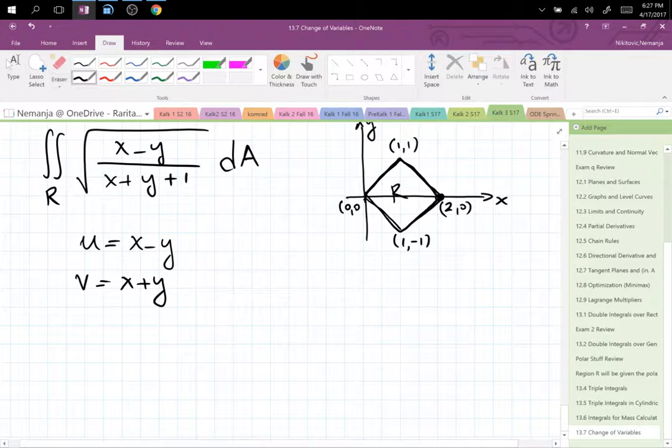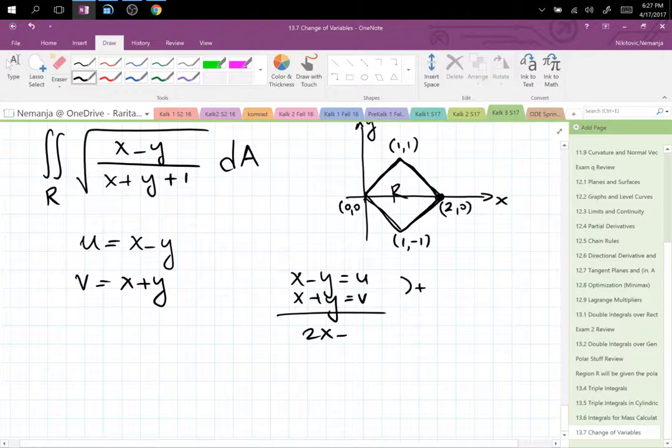All right, so now I have to solve the system x minus y equals u and x plus y equals v. I'll add the equations and get 2x equals u plus v. Great, so x is 1/2 (u plus v).